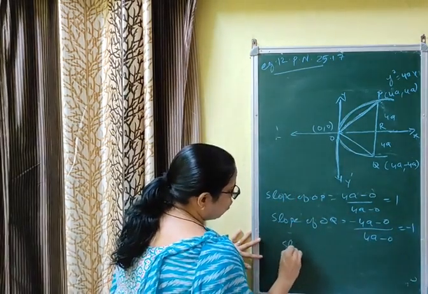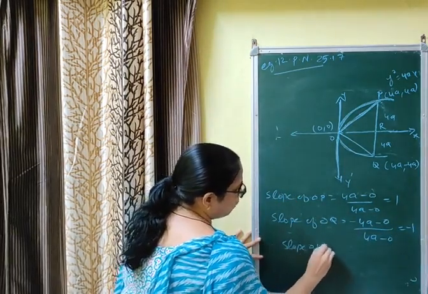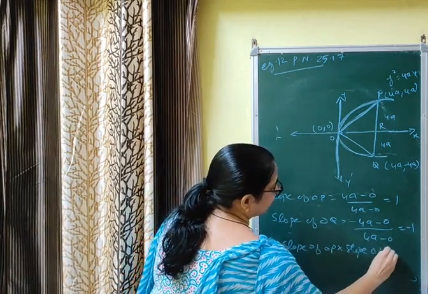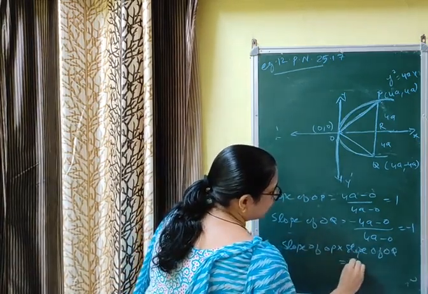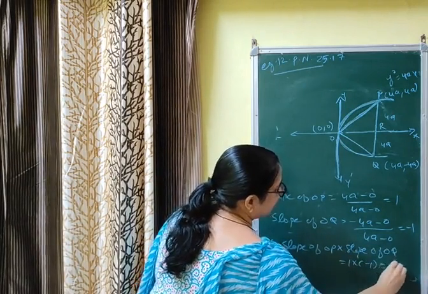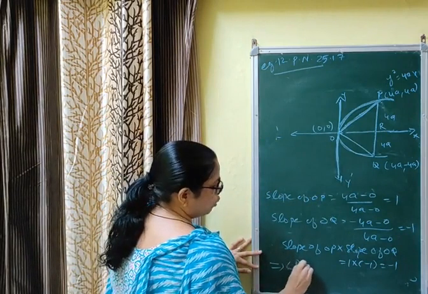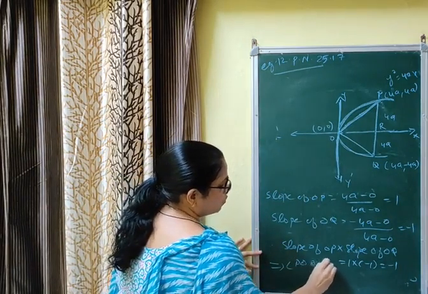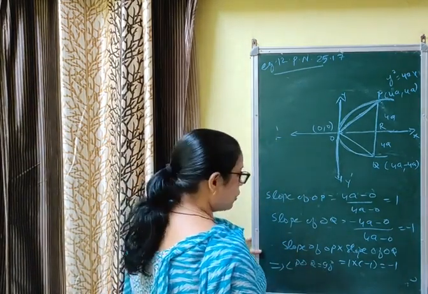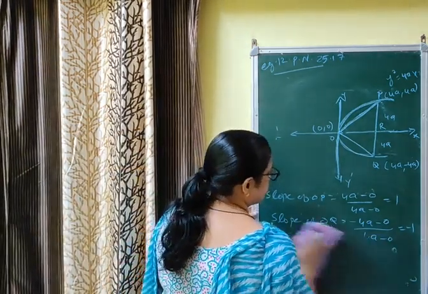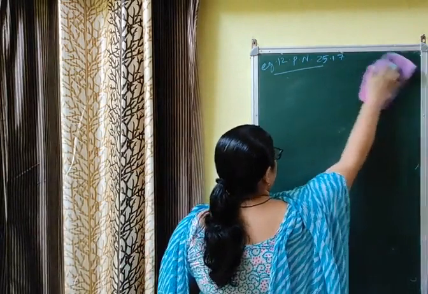Therefore, slope of OP into slope of OQ is equal to 1 into minus 1, that is minus 1. That implies angle POQ is equal to 90 degrees. You can use the concept of slope to prove any pair of lines are perpendicular. This question is very important.